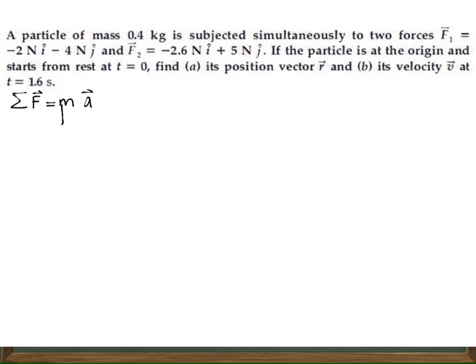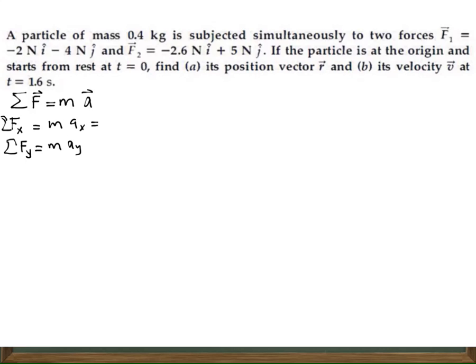But the forces are 2-dimensional, x and y, so I can decompose this. All the forces in x is equal to m times ax, and all the forces in y is equal to m times ay.